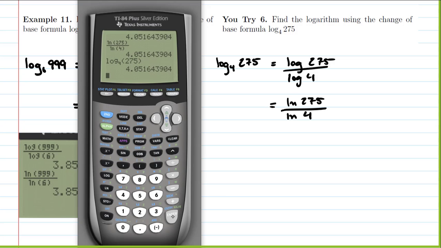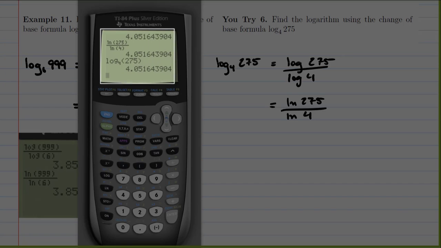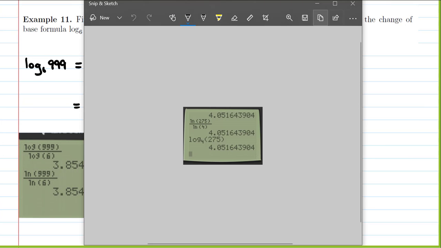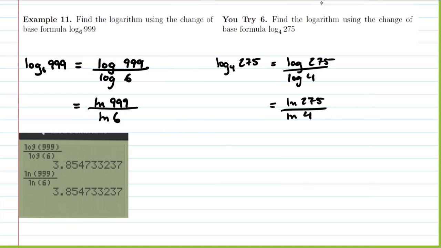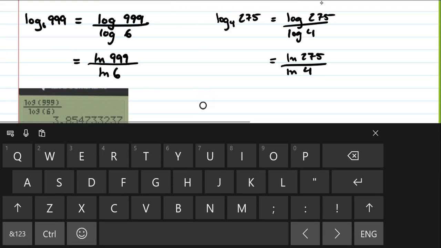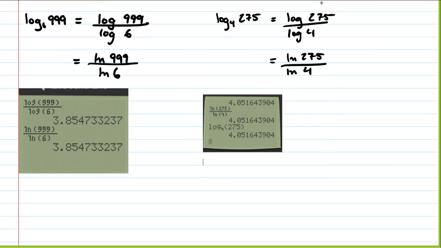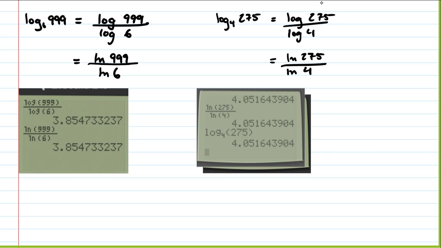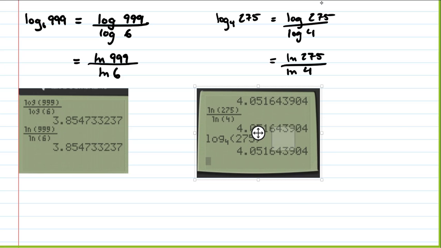Press enter, and our calculator gives us this value. So essentially, they just pre-built a function into your calculator that does the change of base formula for you. So that'll be helpful for some of these things like this, where you're just trying to compute a number. We may still need to use the change of base formula, like I said, if any of our things are variables, like the argument of the logarithm. You obviously can't just type that into your calculator.